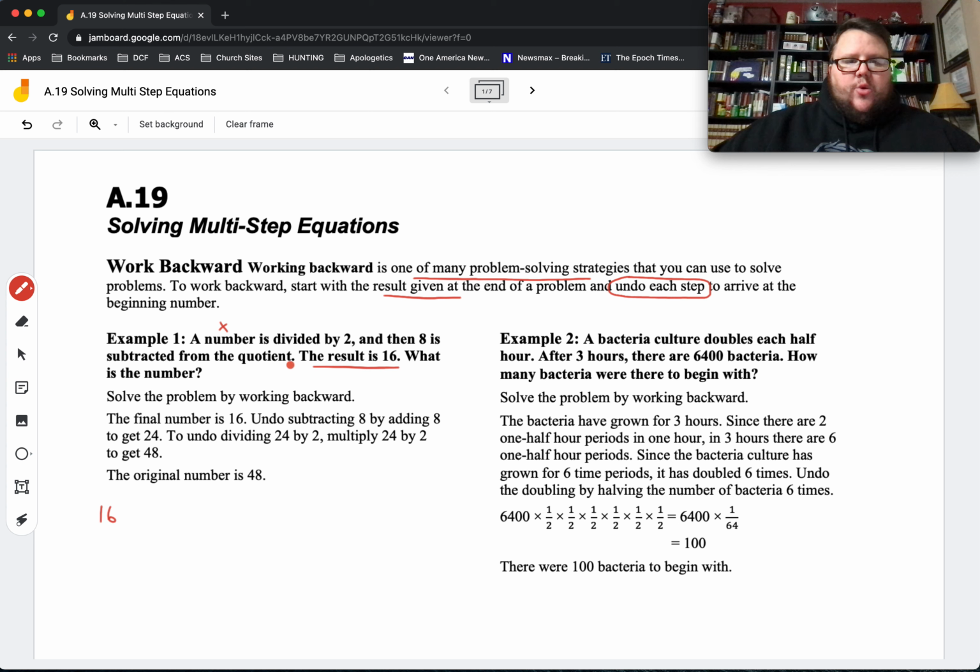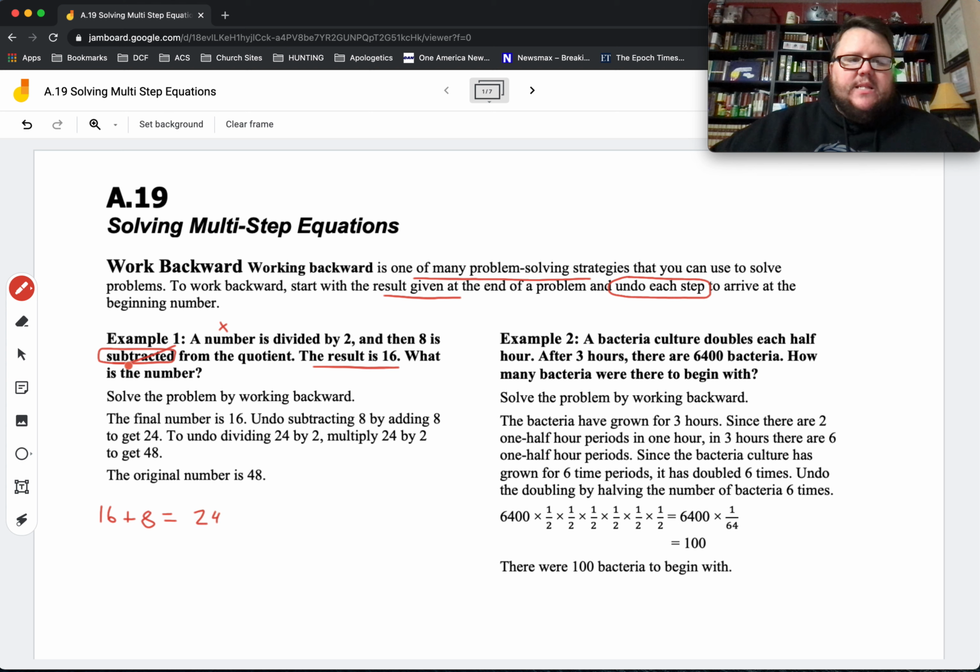And if you notice, the one right before that, 8 is subtracted from the quotient. So undo subtracting 8 by adding 8. I'm going to highlight that word subtracted. Instead of subtracted 8, we're going to add 8. We're doing the opposite. So 16 plus 8 is 24.